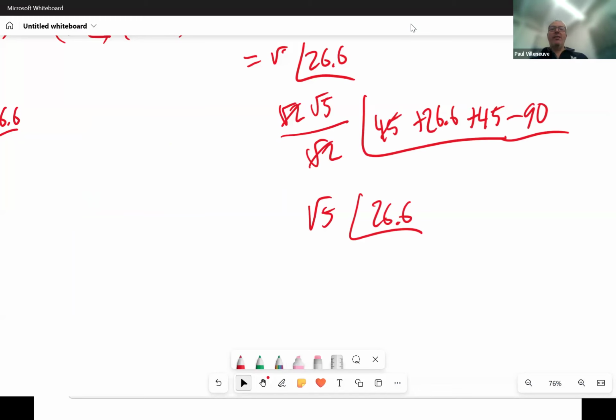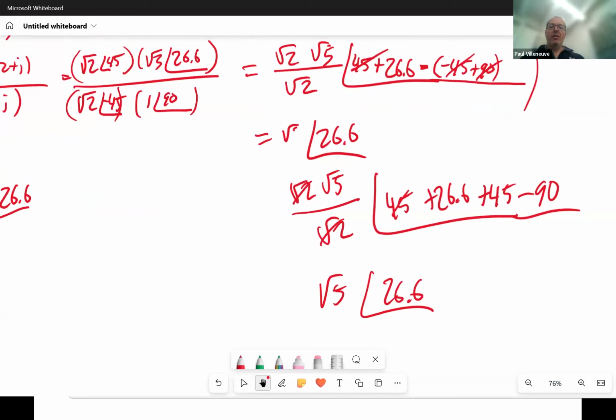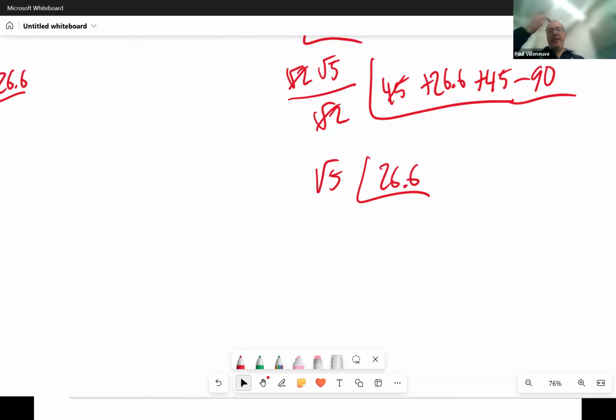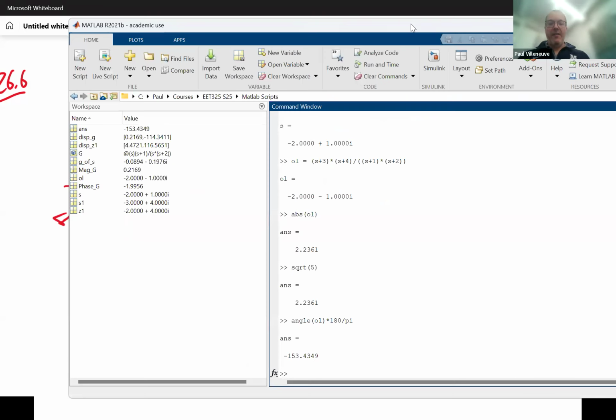I'm not sure why those differ. It's going to reference from 0, yeah. So I'm getting 26.6. They're getting 180 degrees out of phase from that. So the magnitude works.